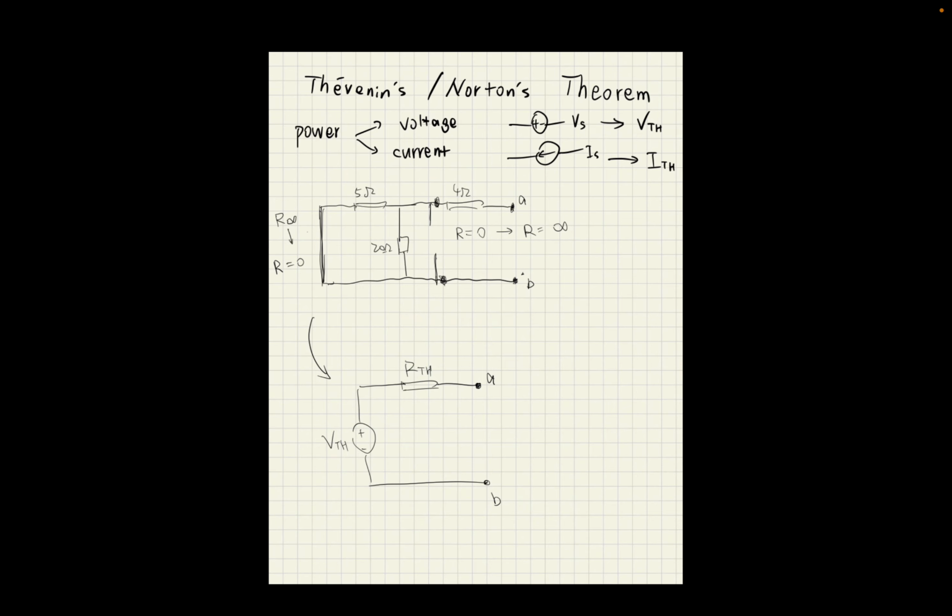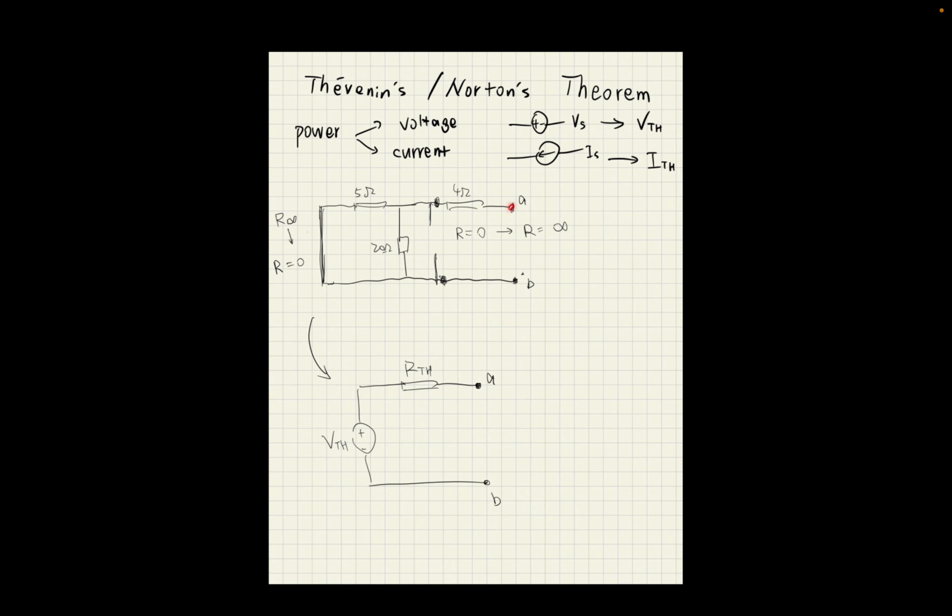It actually makes sense because we want to calculate the RTH here, which is the equivalent resistance between point A and point B. Of course, we only want resistance. We don't want any other thing to have any other effect, such as a current source or voltage source. So we cancel out all the effects from these two things in the original circuit.